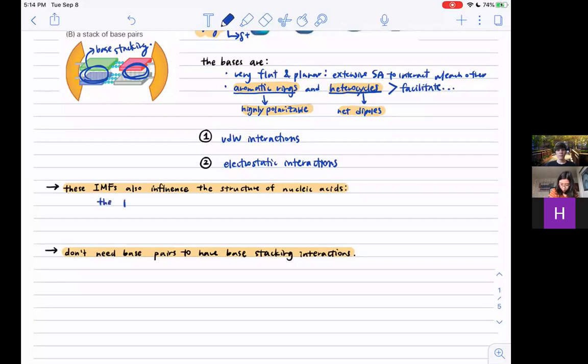And so this turn per base pair aligns the partial positive and the partial negative charges, the opposite partial charges of adjacent base pairs. And we know that opposites attract, so this is a favorable interaction, a stabilizing interaction.